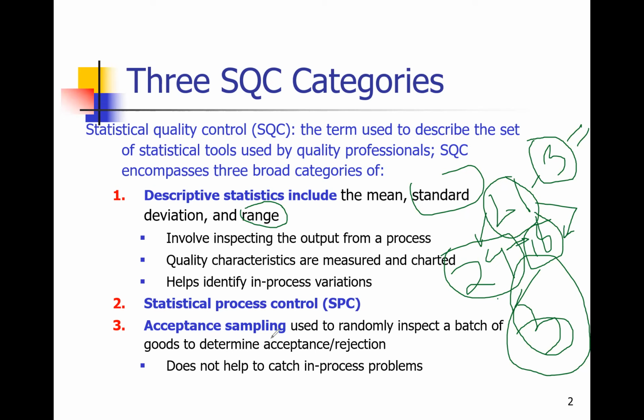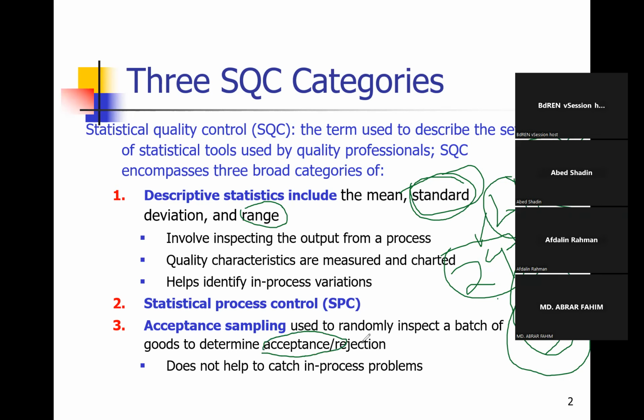What is acceptance sampling? Population is the total garments production. But you cannot test all the garments. So what you will do, you will take a sample, and based on the sample, if everything is within our calculation, within our standard deviation, then you will decide that all the products are good and acceptable.